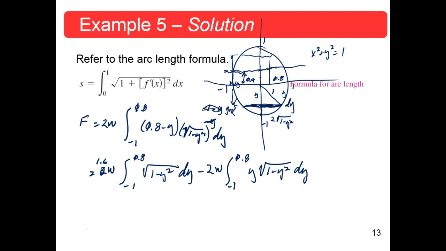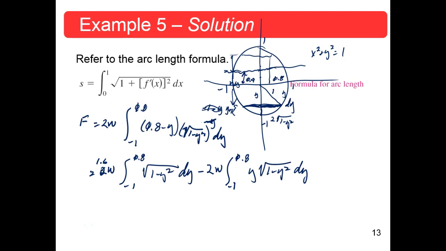This part you do substitution. Which one? Anybody? What trig substitution do you use here? Classic sine, because isn't 1 minus sine squared cosine squared?